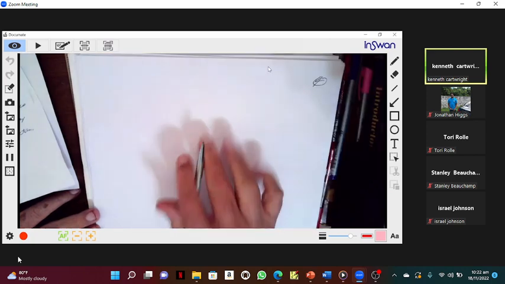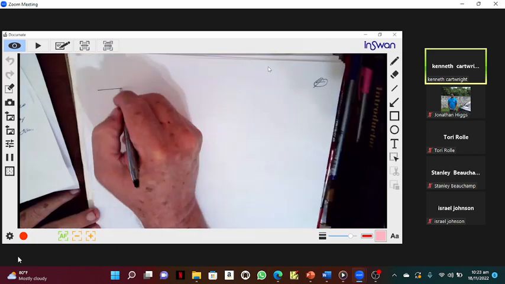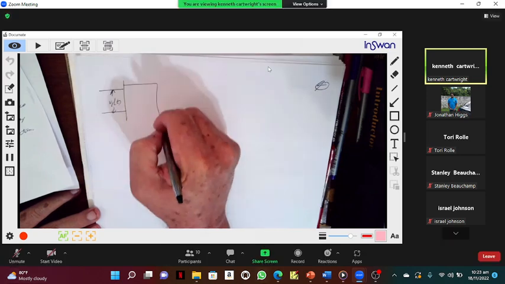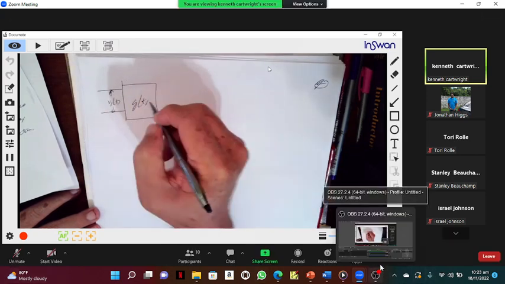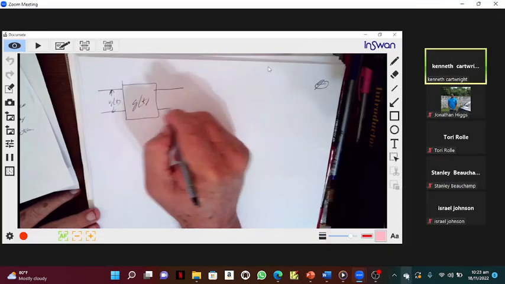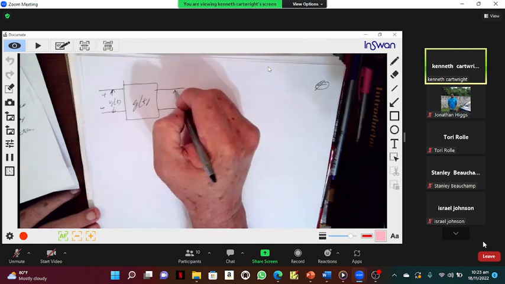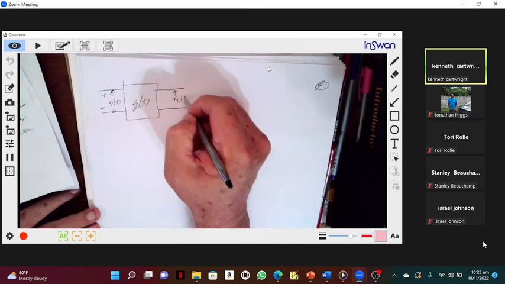So here's what we have. Here's V1 of t, here's a 2-port network with the impulse response G of t, and here's V2 of t.